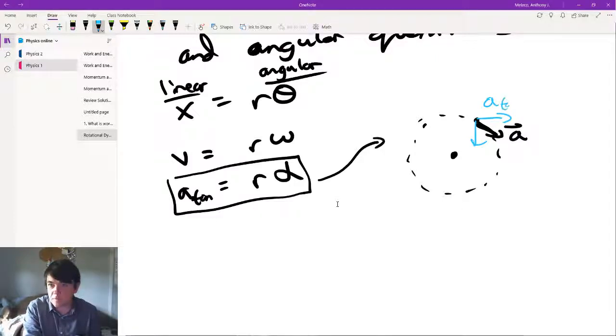And those components are a tangent to this, or this is the tangent acceleration. Sorry, it's probably a poor choice to say this was tangent to the circle and this being the tangent. Don't worry about it. This is the one that points along the circle, I guess. Probably poor choice of words.